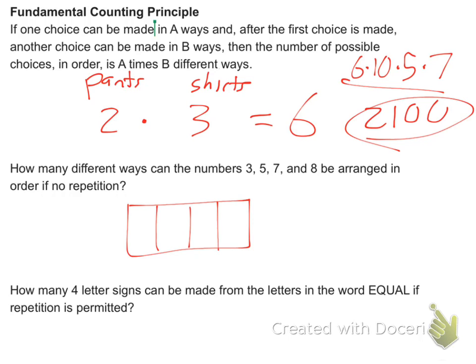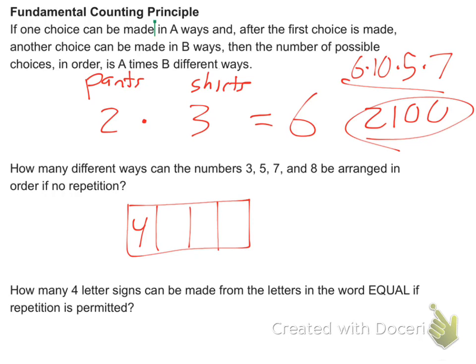Now, how many choices do I get for the first box? Well, how come it's not 8? It's 4, but why is it not 8? Because there's 4 numbers. 8's a number. That's not how many numbers I have. So be careful on that. Yes, there are only 4 choices.